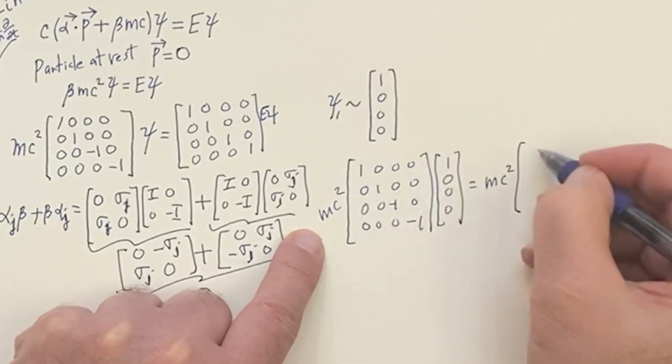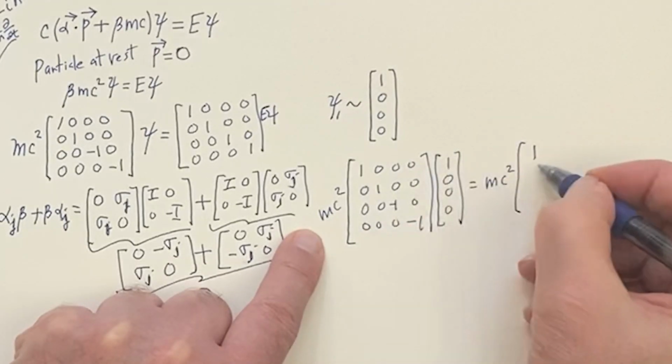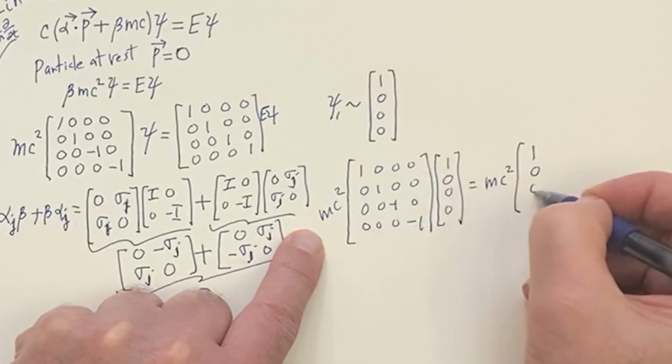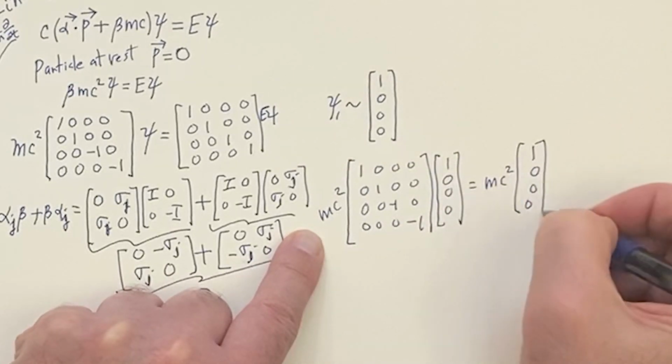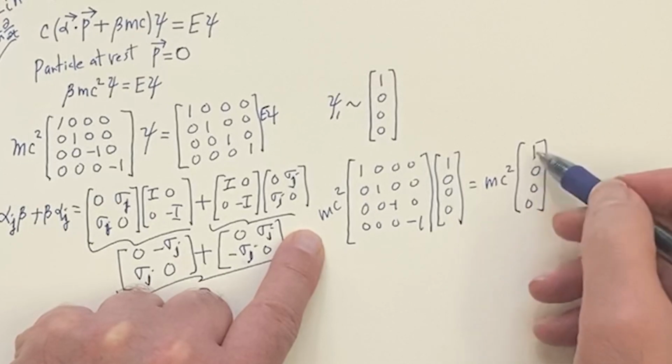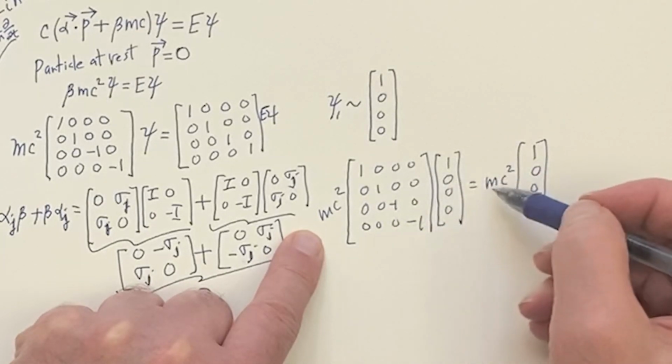Take this thing sideways, there you get a 1. Take this thing sideways, there you get a 0. Take that thing sideways, there you get a 0 and a 0. So see, you get the same thing back.